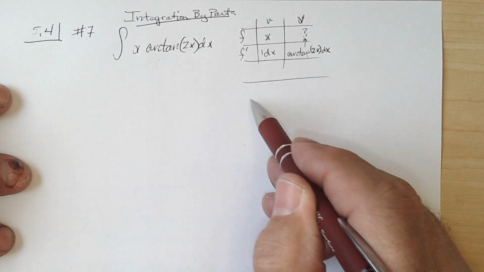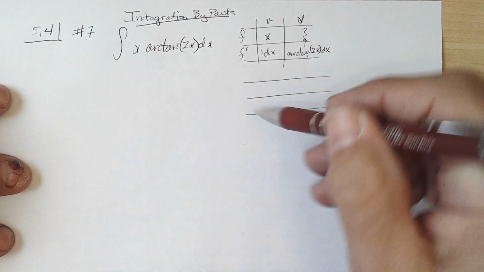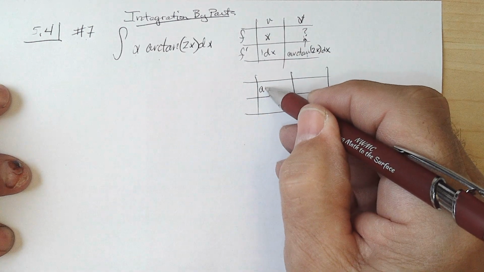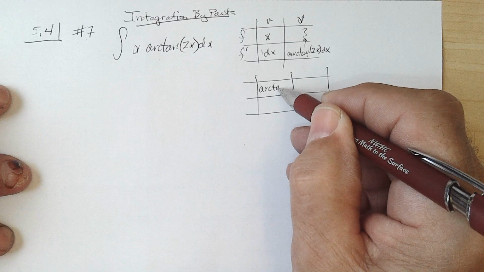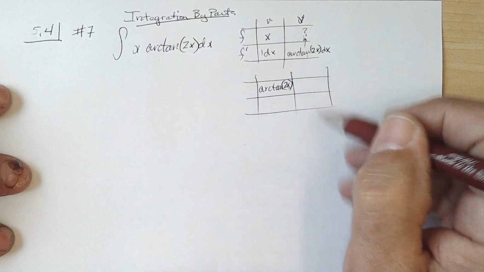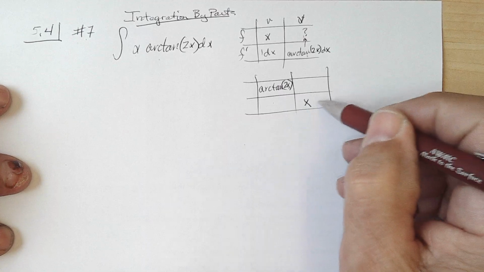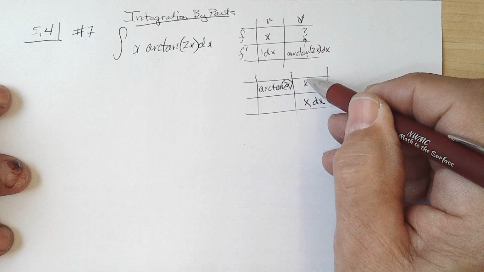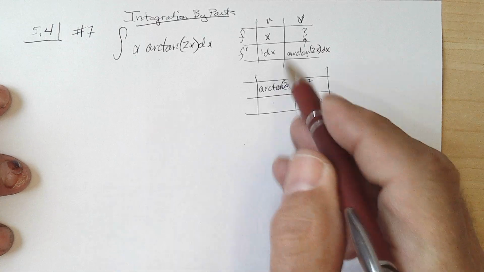Another option is to put the arctangent of 2x here, because we know its derivative, and put the x dx here. Its antiderivative is x squared over 2.